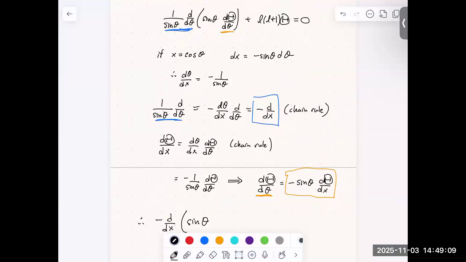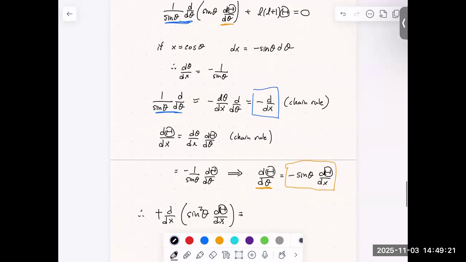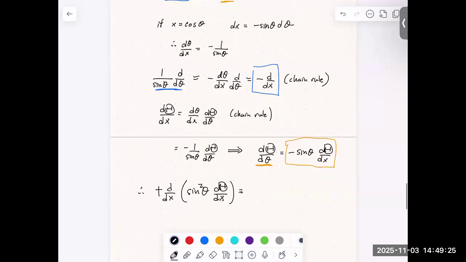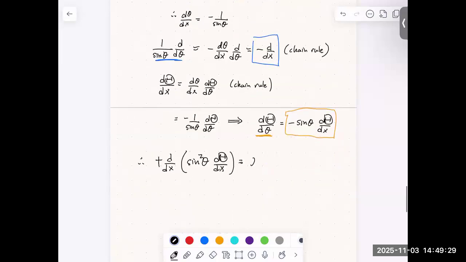So when we multiply by minus sine theta, the minus sign cancels and we get sine squared, and then we have d theta dx. And that's equal to L plus 1 times theta. Okay, good.